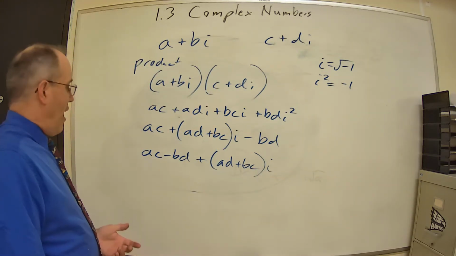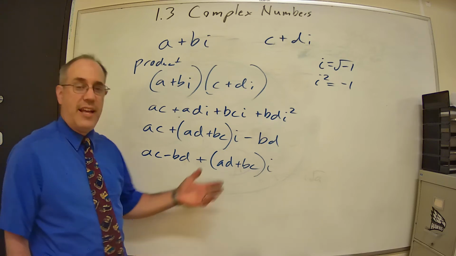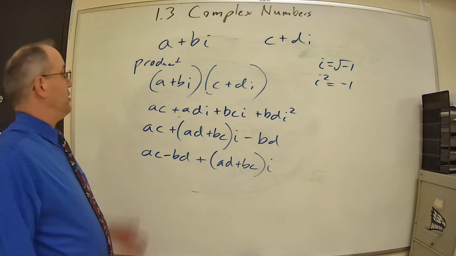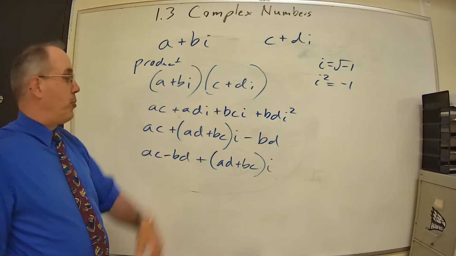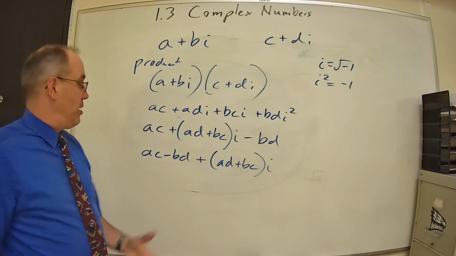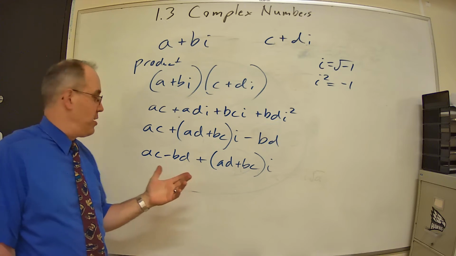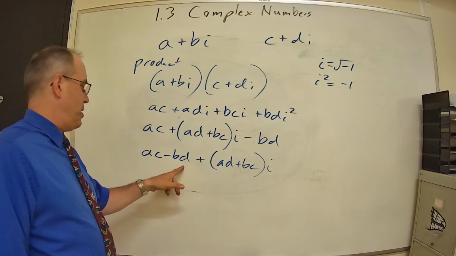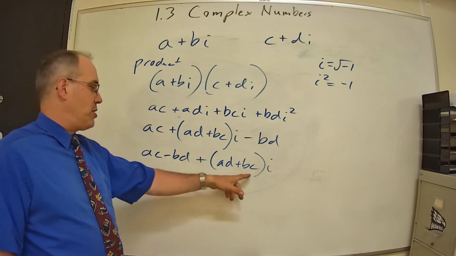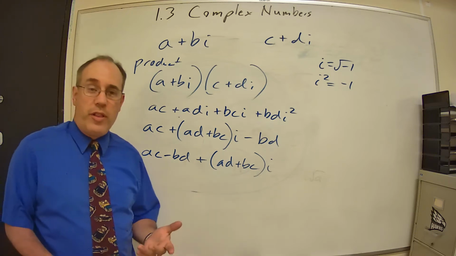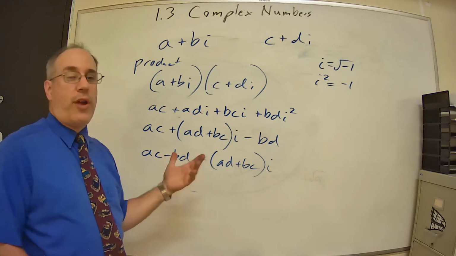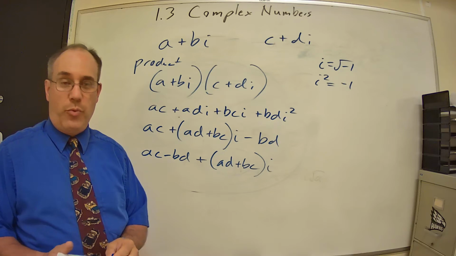And you look at that and go, wow, what exactly did that do for me? Am I better off just doing the multiplication? Well, in reality, you are. Unless you happen to enjoy memorizing random formulas, like ac minus bd plus ad plus bc. If you have a memory like mine, memorizing this is just not going to work.